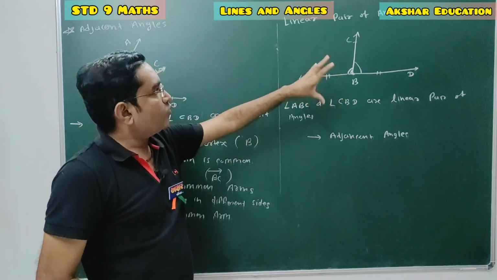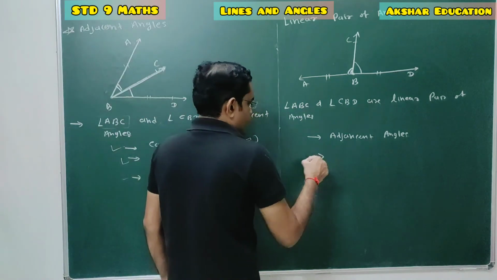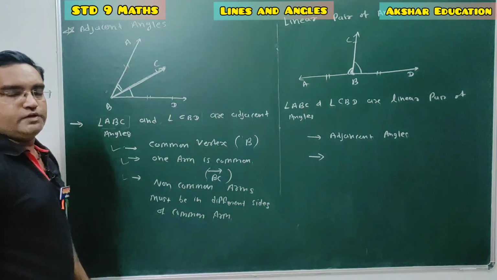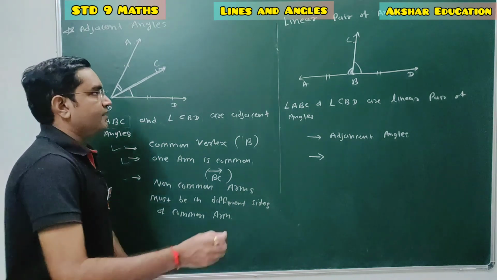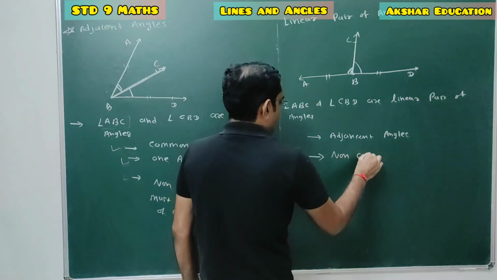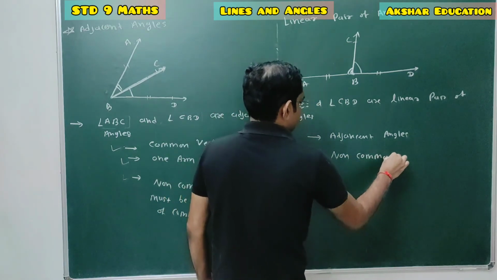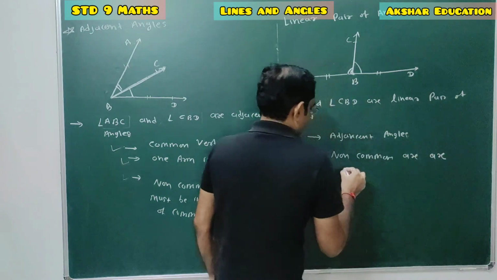But it is also known as linear pair of angle because here one more condition is there which is fulfilled, and that extra additional condition is that non-common arms are opposite rays.